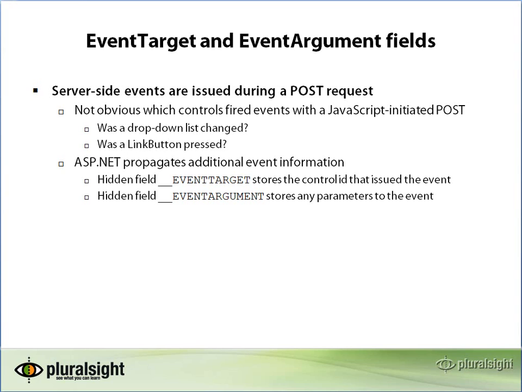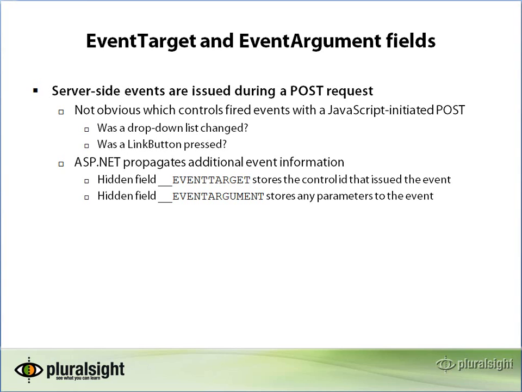But I want to be clear about how these are used and when they're used. They're not used for standard postbacks with input elements. So like a button control or an image button, these always render as input elements of type button or image, which will have their values sent back as part of the post intrinsically. So we can identify which control issued that post request.